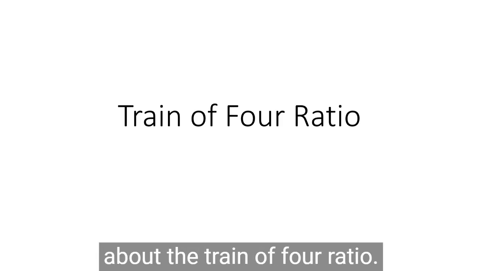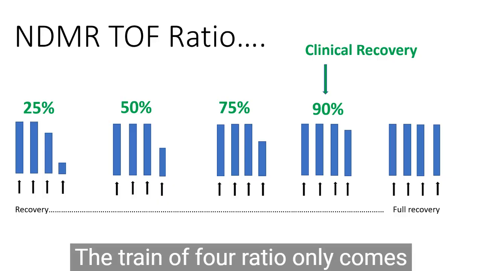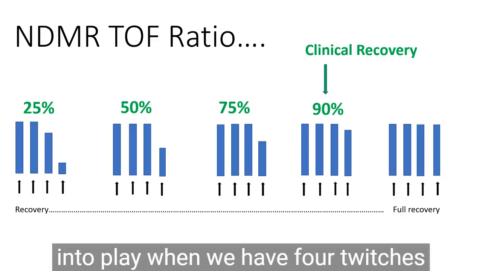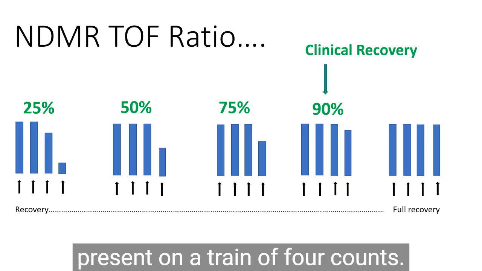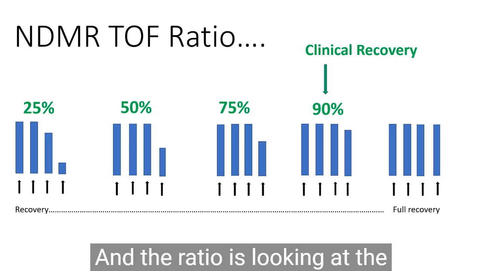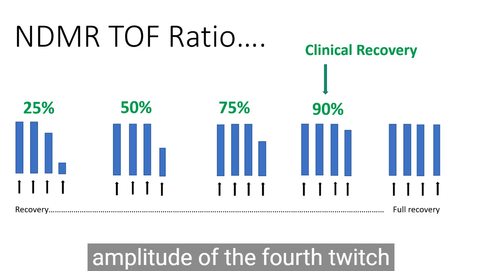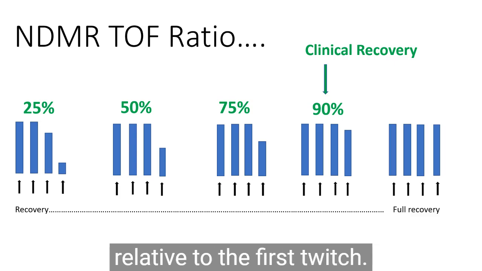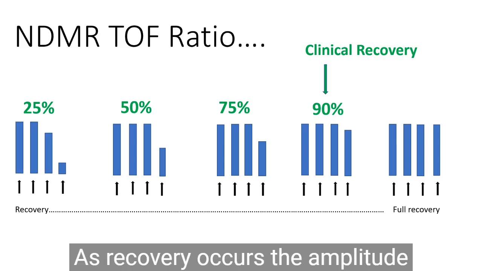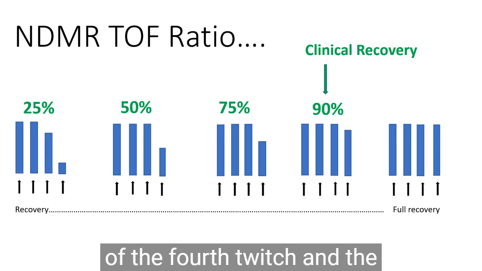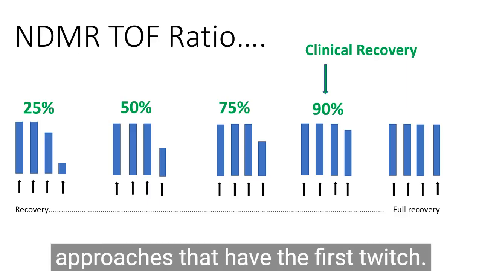Now we're going to talk about the train of 4 ratio. The train of 4 ratio only comes into play when we have 4 twitches present on a train of 4 count. And the ratio is looking at the amplitude of the fourth twitch relative to the first twitch. As recovery occurs, the amplitude of the fourth twitch increases, and it approaches that of the first twitch.